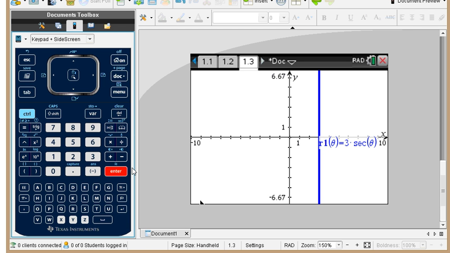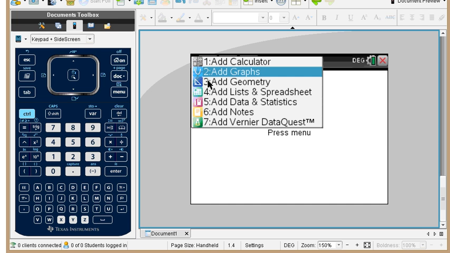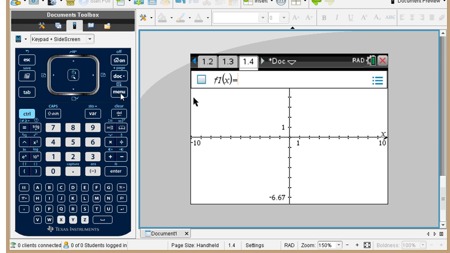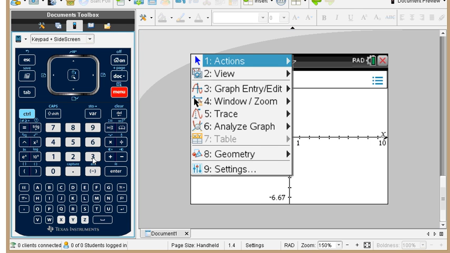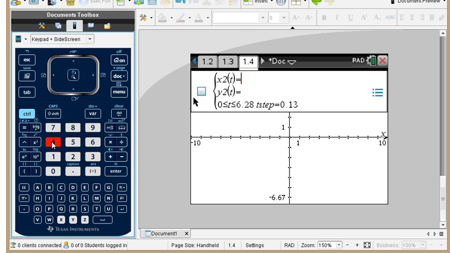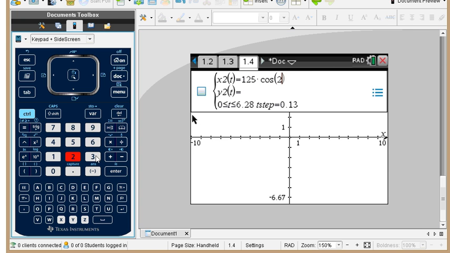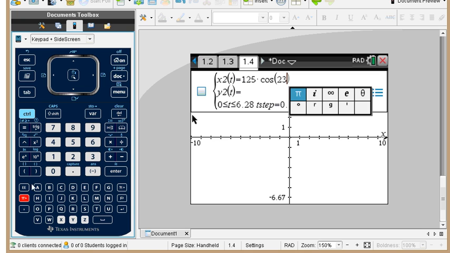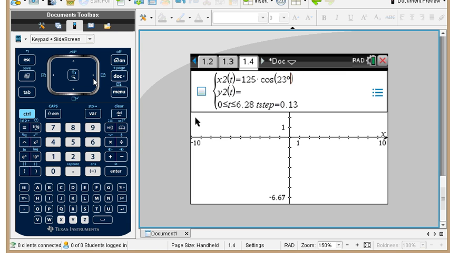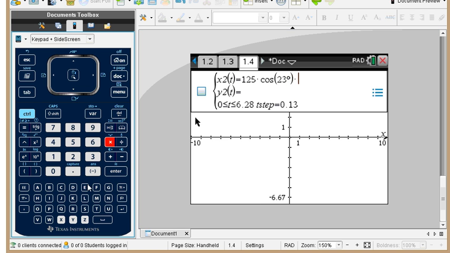So we're going to graph a parametric equation, and to do that we press Control I and get a graph page. Then we get the parametric equation by going menu, 3, 4, graph parametric, x equals 125 times cosine 23, and we have to put the degree symbol here or else we will be messed up, times t.